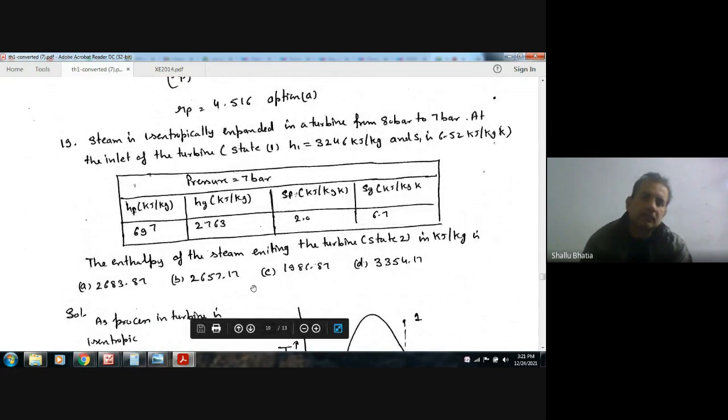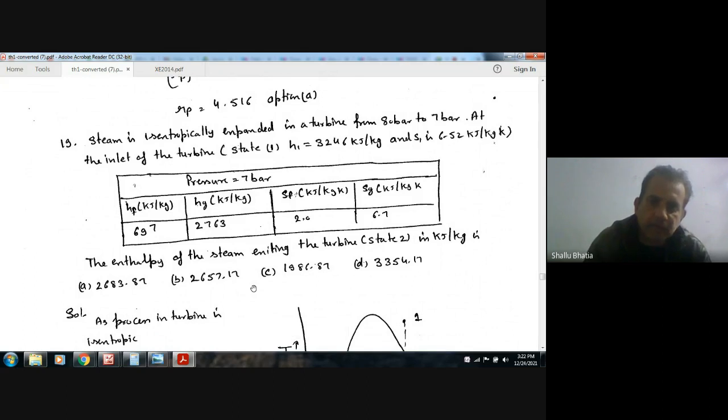Next. Steam is isentropically expanded in a turbine from 80 bar to 7 bar. At the turbine inlet, H1 is 3246 kilojoule per kilogram and S1 is 6.52 kilojoule per kilogram Kelvin.